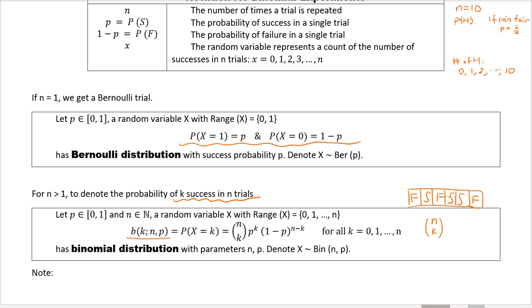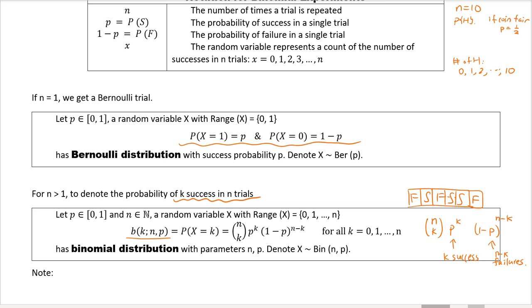Okay, then because we have k successes, that's why we have p to the k. And because we have n minus k failures, that's why we multiply by (1 minus p) to the n minus k. So here we have n minus k failures.